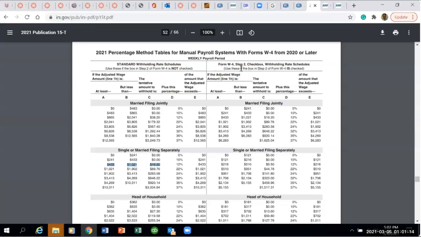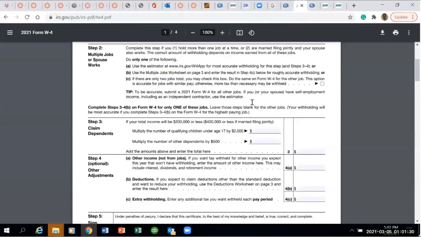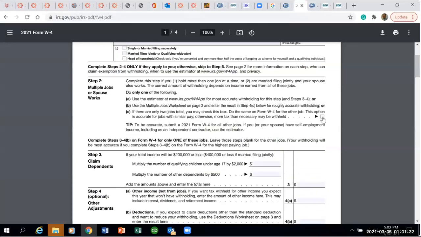That's a very good question. Normally, your answer is standard, but let's see what is form W4 step 2 anyway. Okay, let's just figure out what this means. Let's go to W4 step 2. You see that box right there? Is that checked or not?